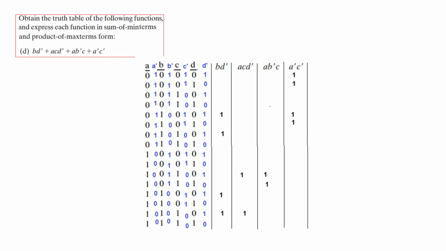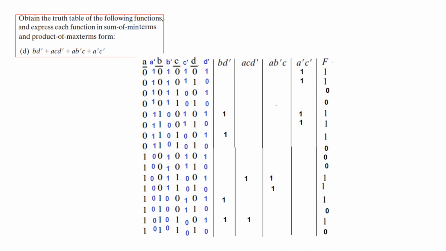Okay, so we have picked now all the 4 terms, and now we have to OR them. That means if any one is 1, then the answer will be 1. Okay, so we can write that the answer F is 1 if any one is 1. So this is 1, so 1. This is 1, so 1.